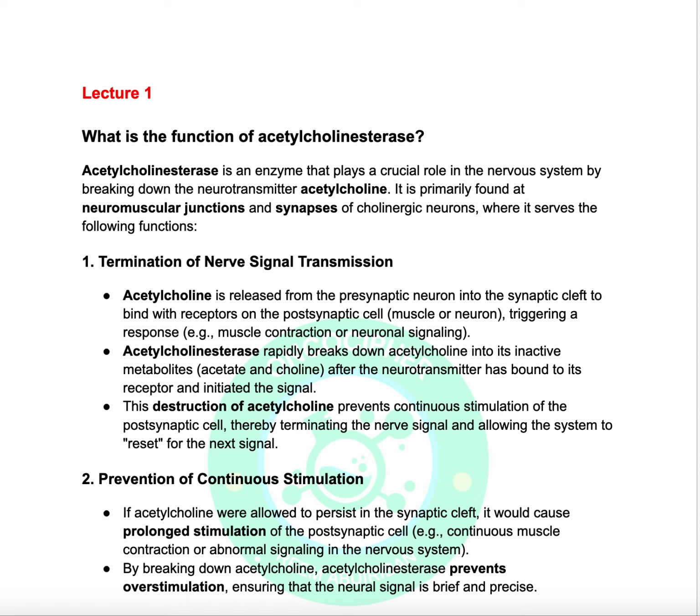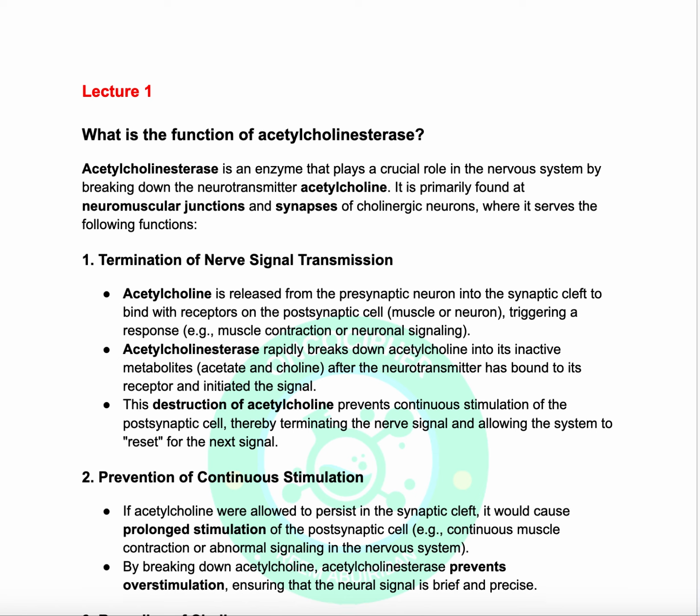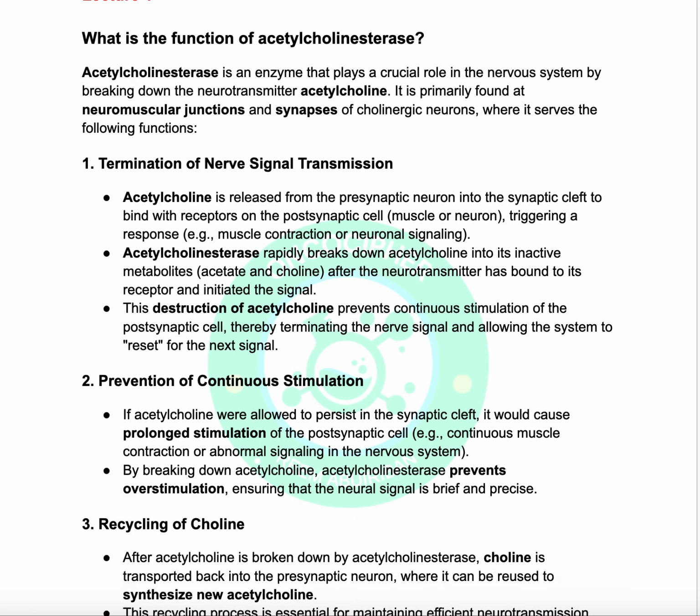So, acetylcholine esterase is an enzyme that plays a crucial role in the nervous system by breaking down the neurotransmitter acetylcholine. It's primarily found at the neuromuscular junctions and synapses of cholinergic neurons, where it serves the following functions. The first function: termination of nerve signal transmission. How does this happen?